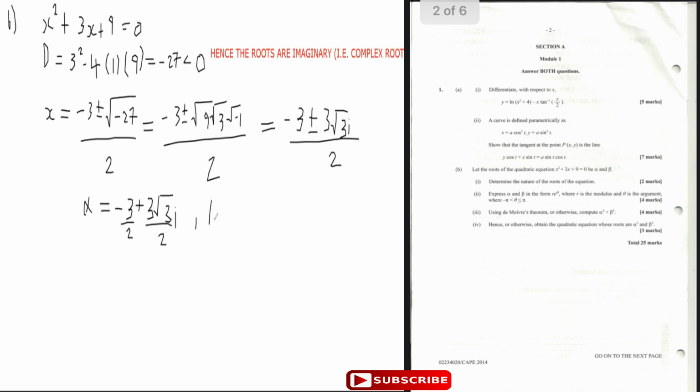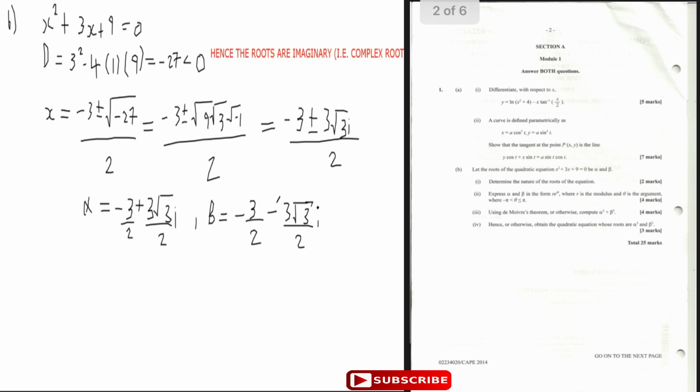And then beta is minus 3 over 2 minus 3 root 3 over 2 times i. So that's alpha and beta. All right, nice and easy. That's how we find alpha and beta.